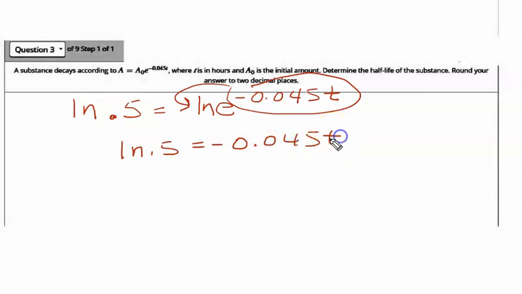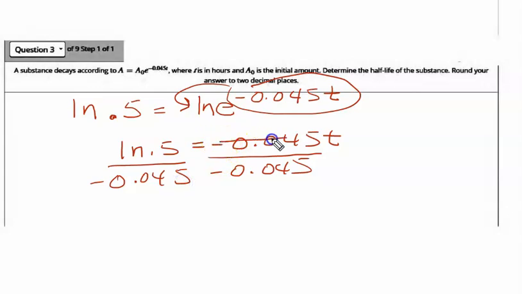0.045 t. So my question is, how do we find out what t is? Well, we're going to divide both sides by a negative 0.045. This all becomes a 1, and we have t equals what?